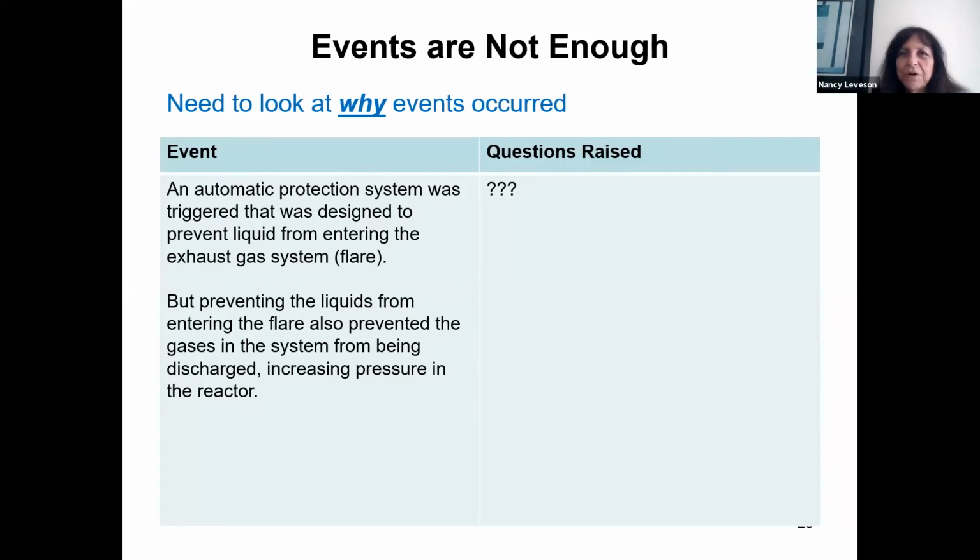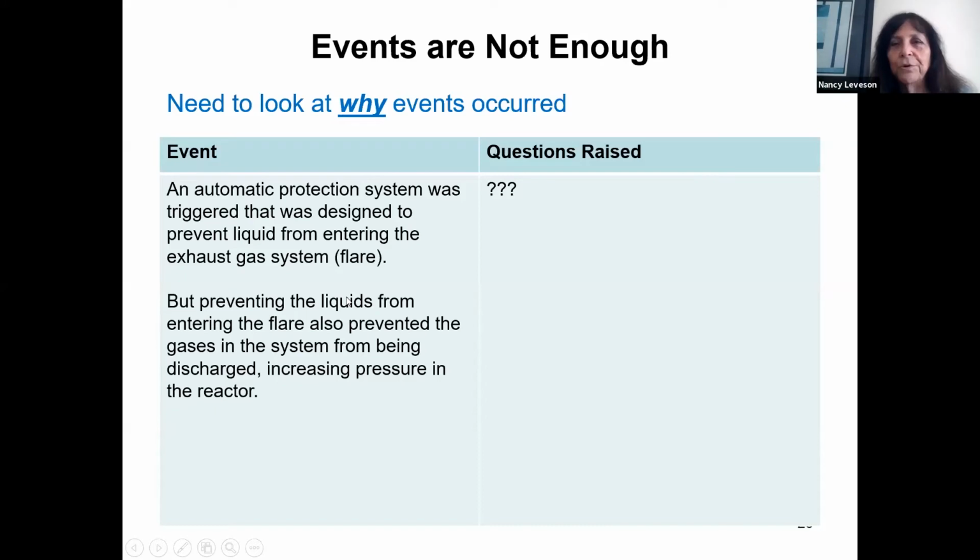So looking at the events is not enough. And I made this point on Monday. We need to look at why the events occurred. So here's a chemical plant explosion problem. We're going to look at even some of the technical events that have important why reasons. An automatic protection system was triggered that was designed to prevent liquid from entering the exhaust gas system, the flare.